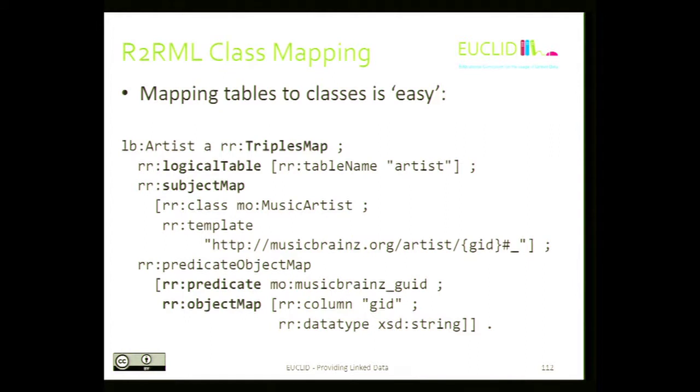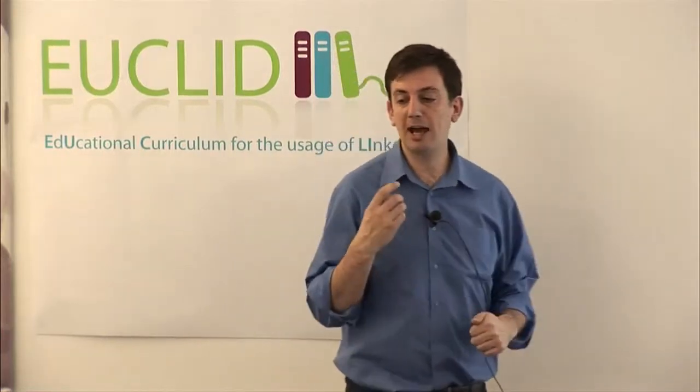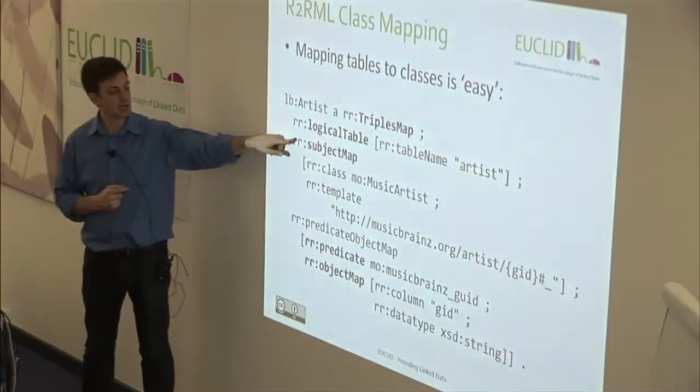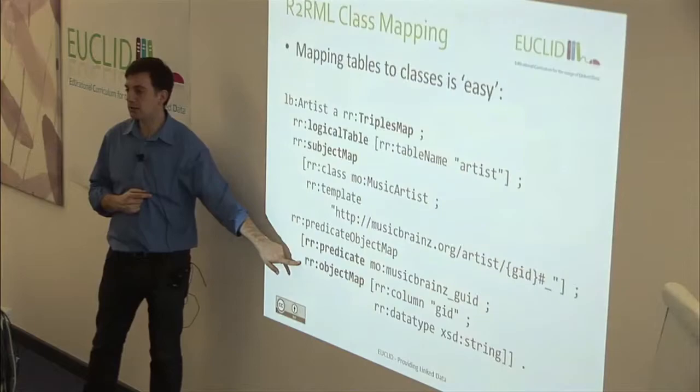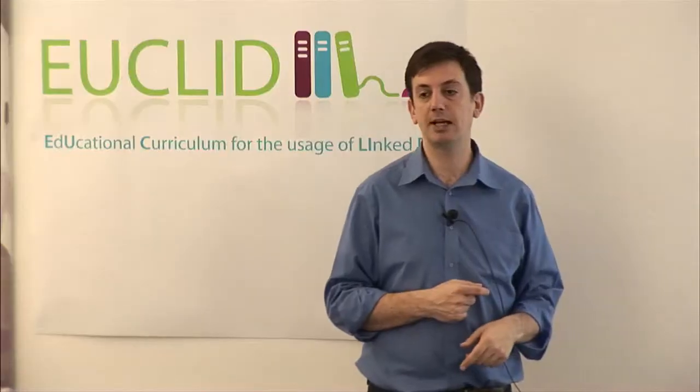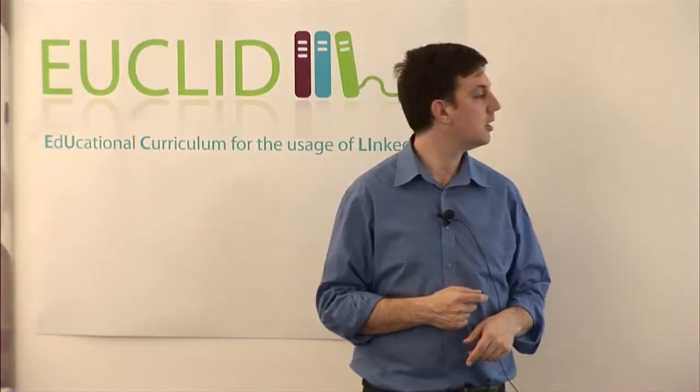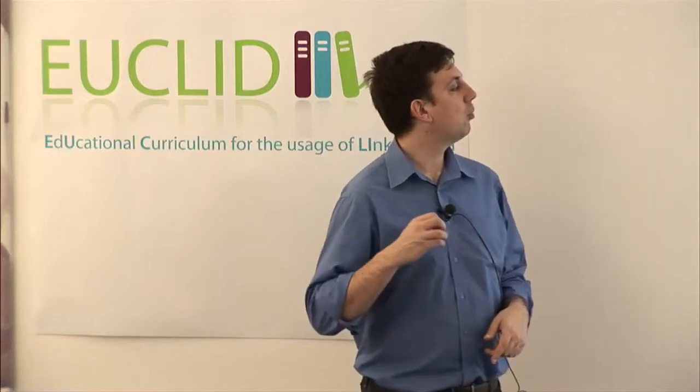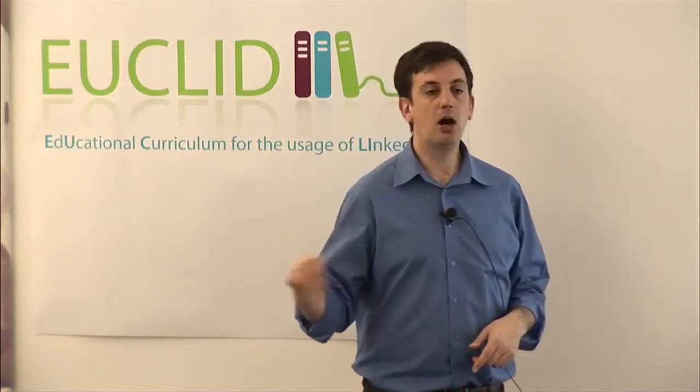Okay? Every triples map has 4 parts at the top level. Logical table, meaning, in the simplest case, does it just come from one table in the database, or does it come from something more complex? And then we have maps forming subjects and objects and the nomination of a predicate to link them. Okay? So in this case, we are encoding artists.